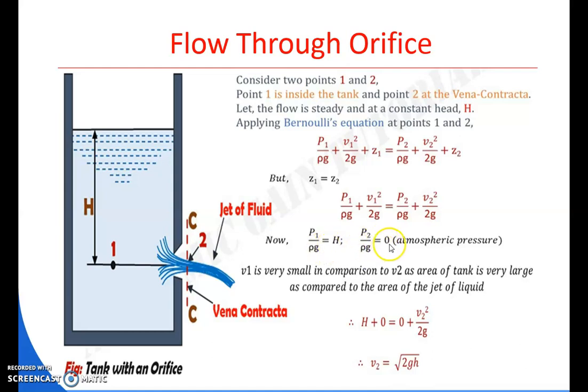Putting these values, P1 by rho g is H, and V1 square by 2g is 0 because the liquid inside the container is stationary. P2 by rho g is 0, leaving V2 square by 2g. We get the velocity at the outlet of the orifice, V2, equal to the square root of 2gh. In this way, the velocity of liquid flowing through the orifice is obtained as the square root of 2gh.